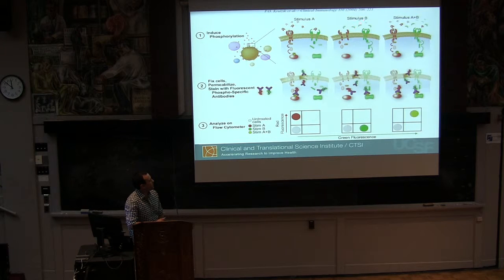And then B is the opposite of A, where now you have an antibody raised to this green one over here, or you can even do both. The beauty of phosphoflow is that you can run multiple antibodies at the same time, depending on how many channels your machine will allow, so you can get a readout of multiple things, which is super neat.